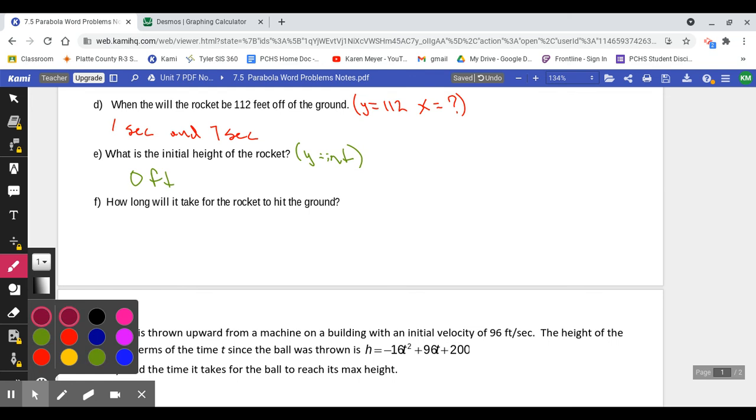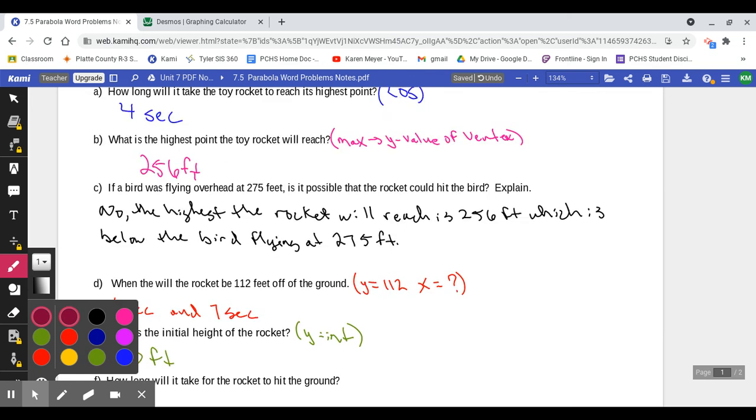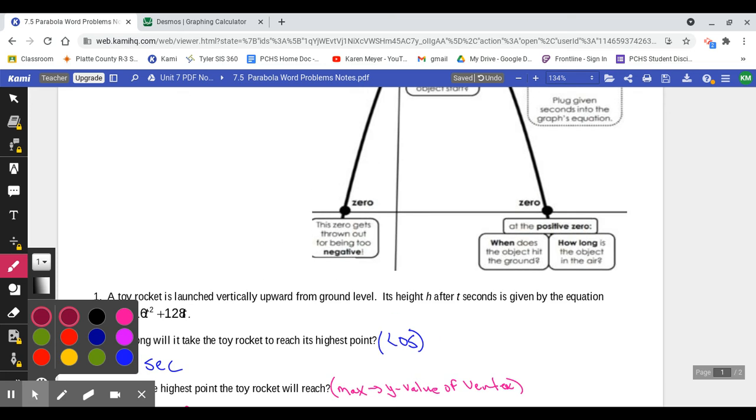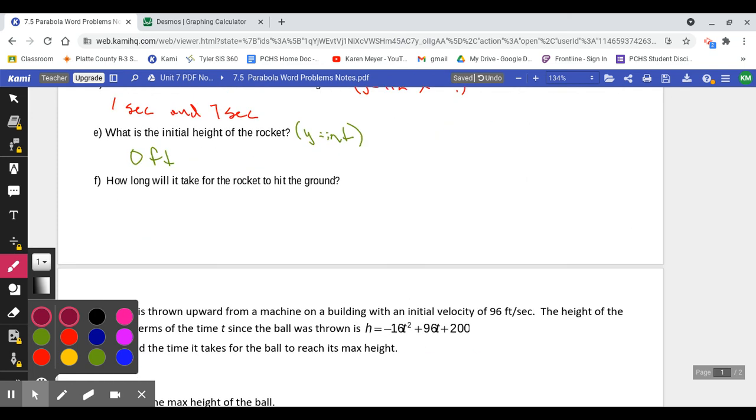How long did it take for the rocket to hit the ground? To hit the ground, that's going to be an x-intercept because the ground is considered the x-axis. You don't want the x-intercept that's on the negative side. You want the x-intercept that's always farthest on the right side, on the positive side.